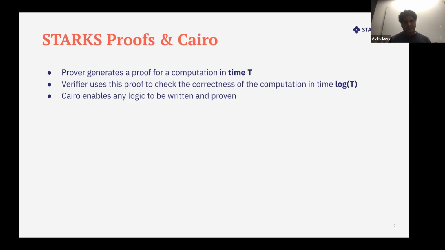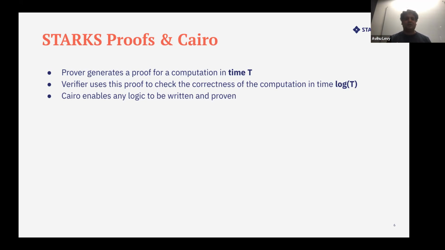The basic principle that we are working with is that suppose we have a computation that runs in time t. Then what Stark proofs and Cairo give us is that we can generate a proof of this computation in time proportional to t. For simplicity, I will just relate to it as t as well.